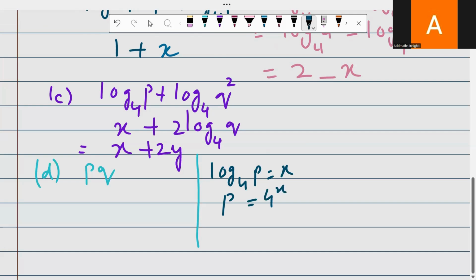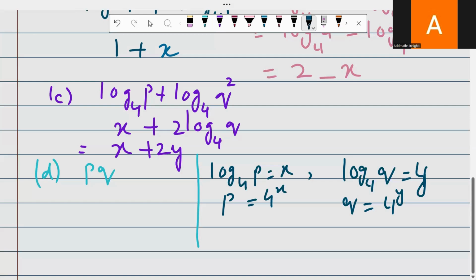Also, log 4 q is y, so q is equal to 4 raised to the power y.